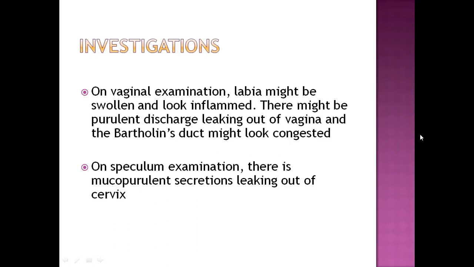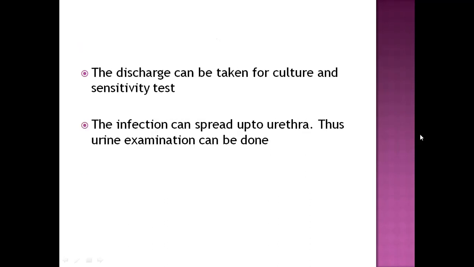Next, on a speculum examination, there is mucopurulent secretion leaking out of the cervix. Mucopurulent means infectious, containing infectious organisms. Such secretions are leaking out of the cervix. That discharge can be taken for culture and sensitivity test. Culture and sensitivity test is performed to find out the nature of the positive organism.